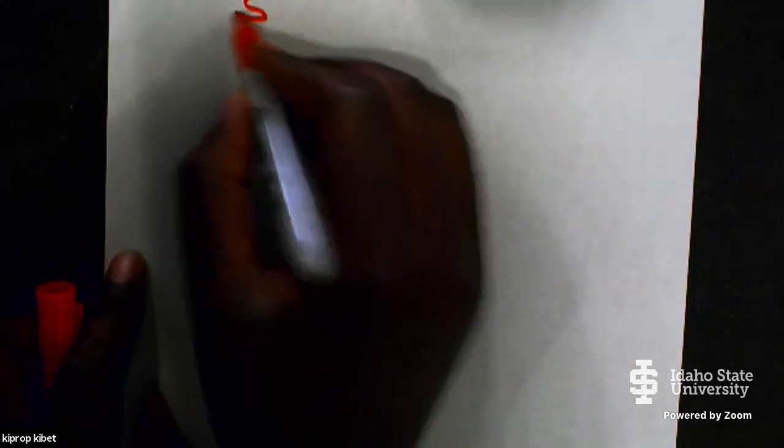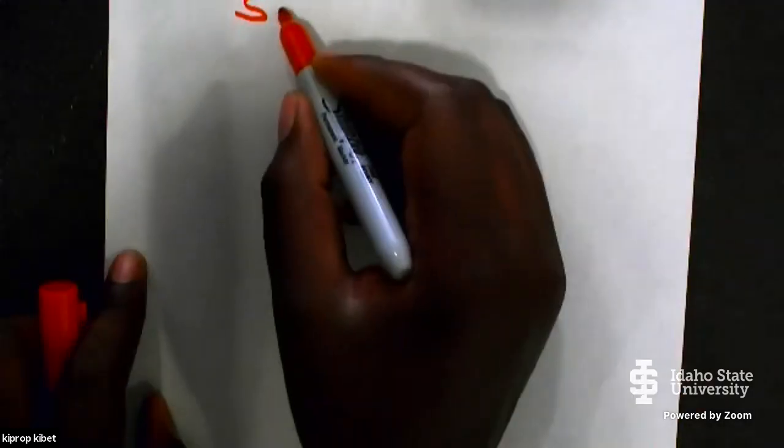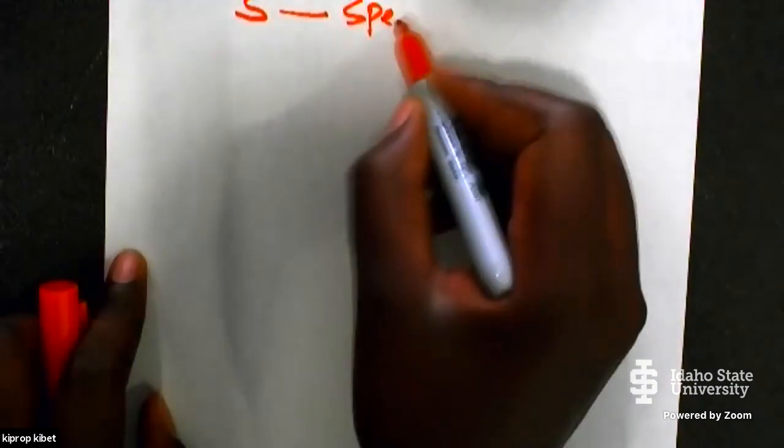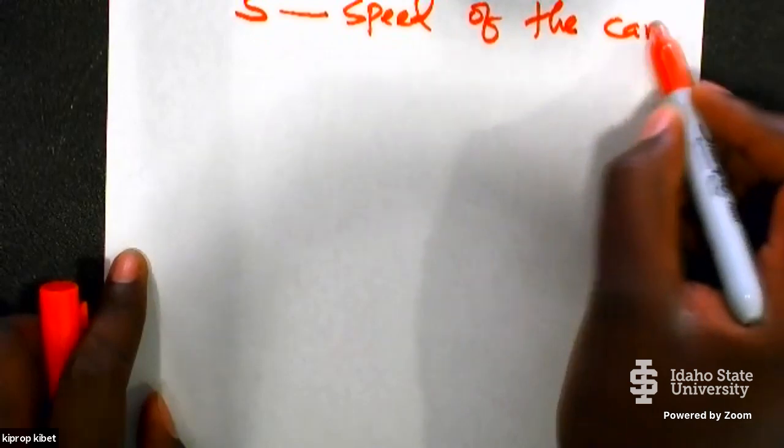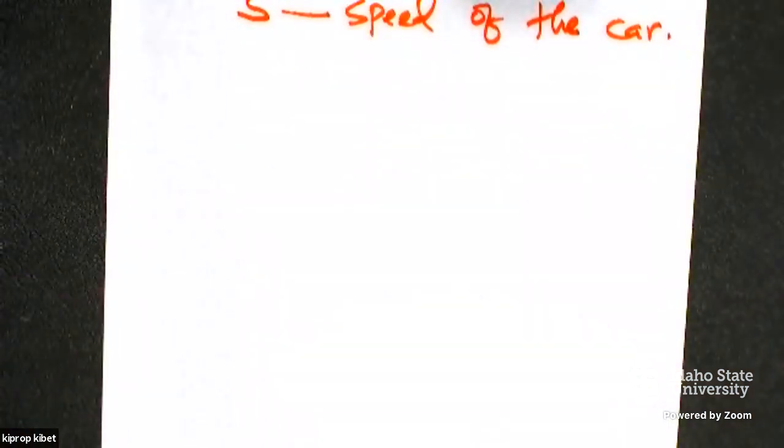So what are we looking for? We are looking for the speed of the car. So we can name S as the speed of the car.